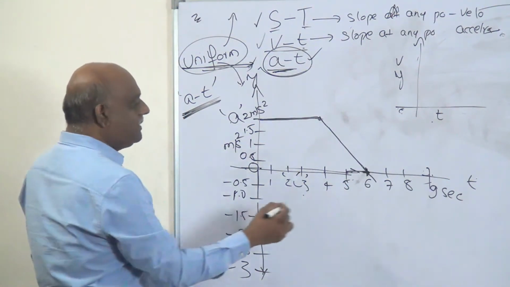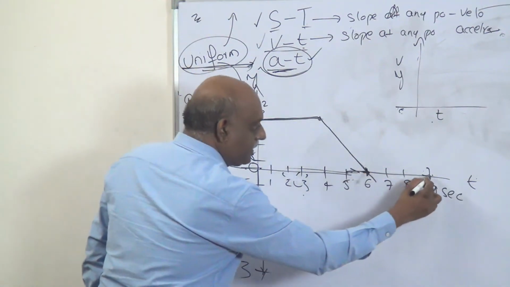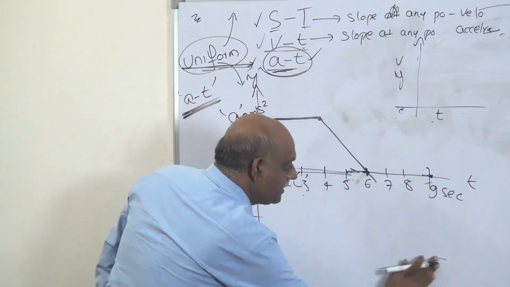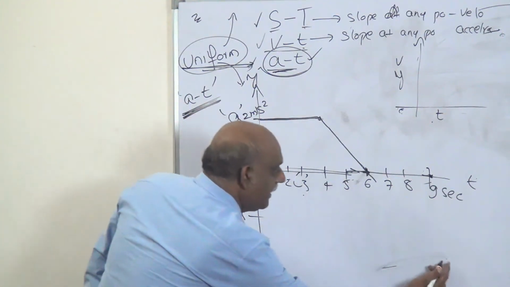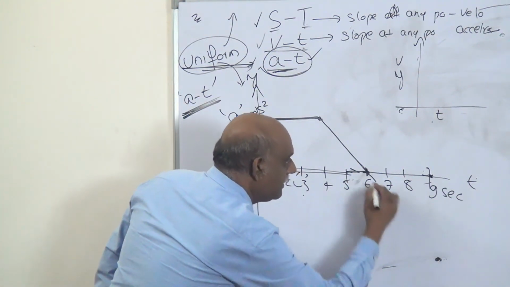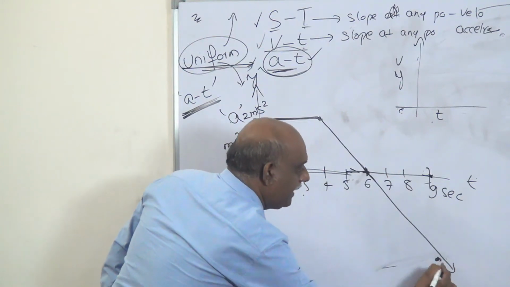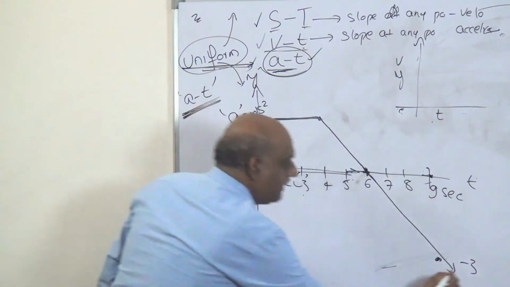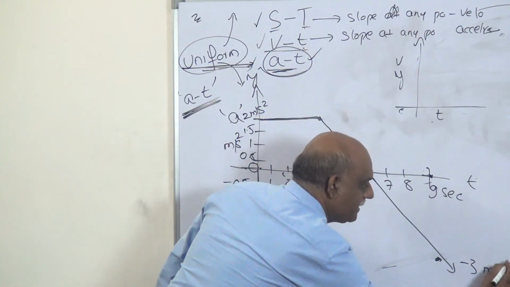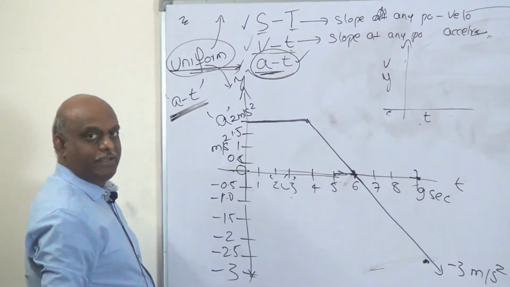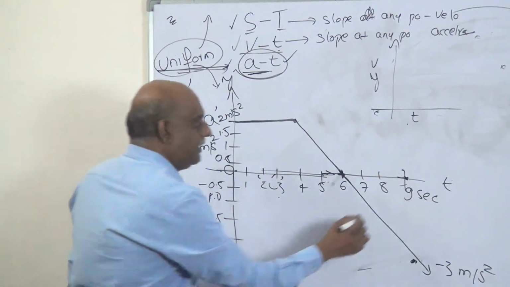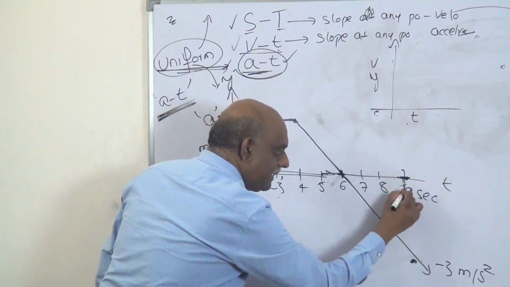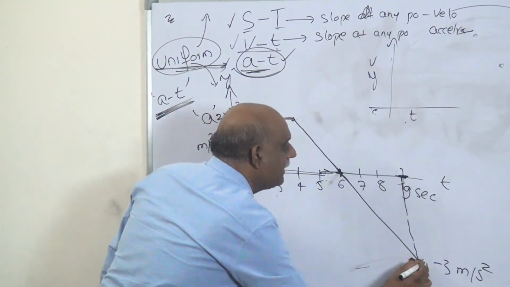So this object is traveling such that by the 9th second the acceleration reached minus 3 meters per second square.